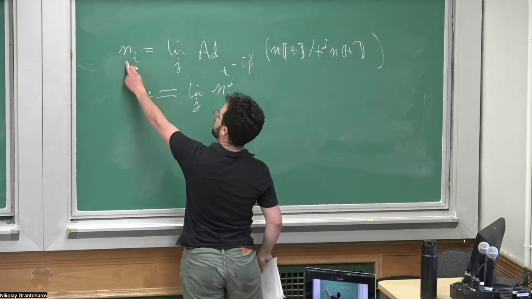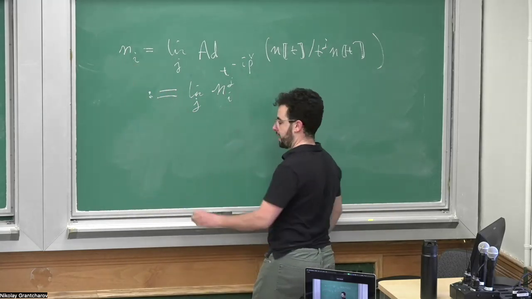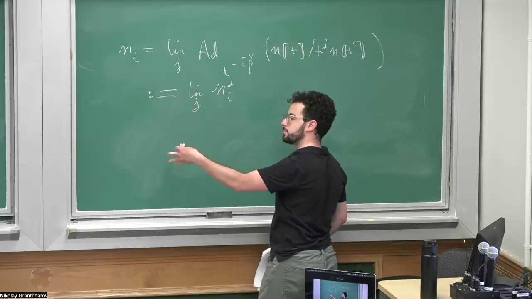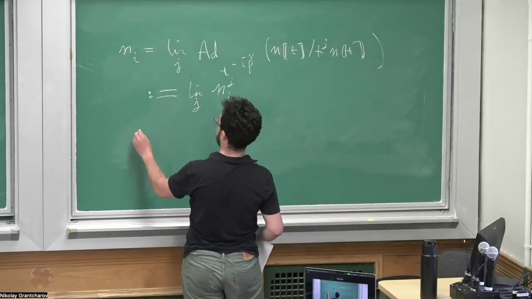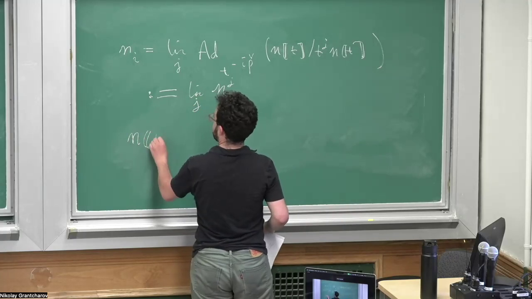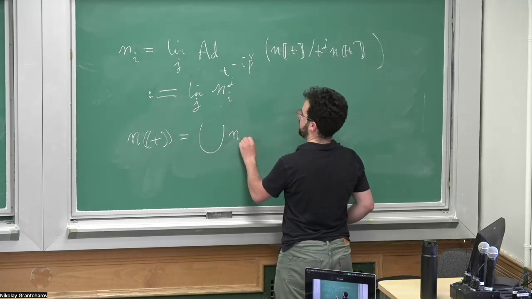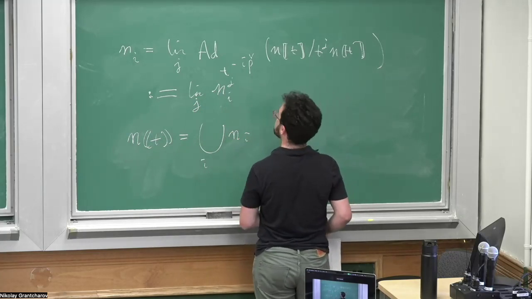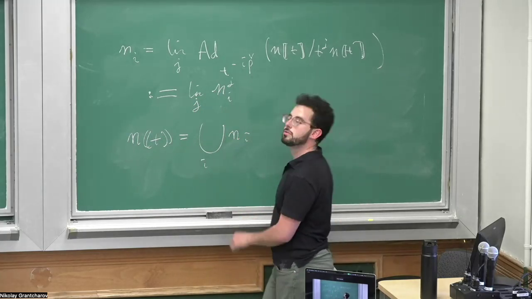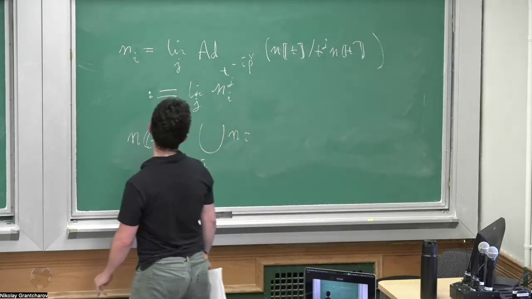And the special part about n that is not true about the entire Kac-Moody algebra is that the entire algebra n((t)) is a union of N_i for i greater than or equal to 0.